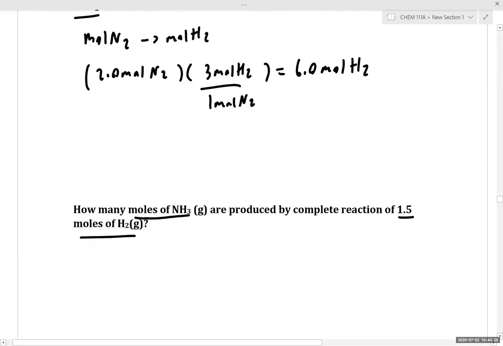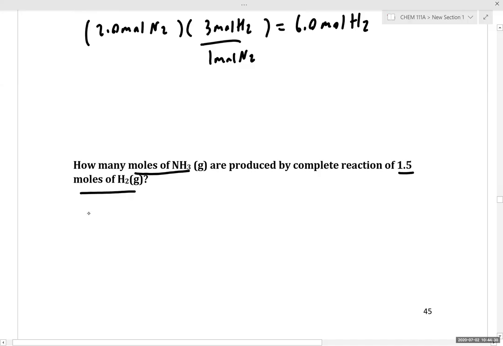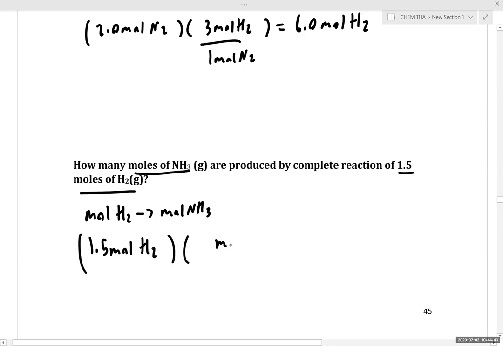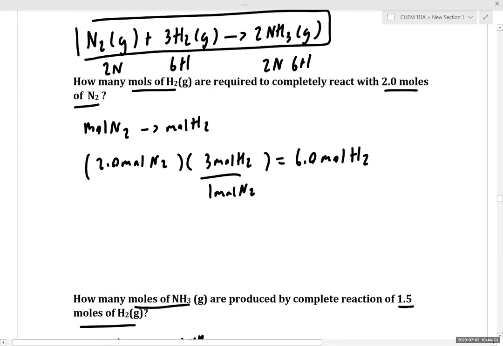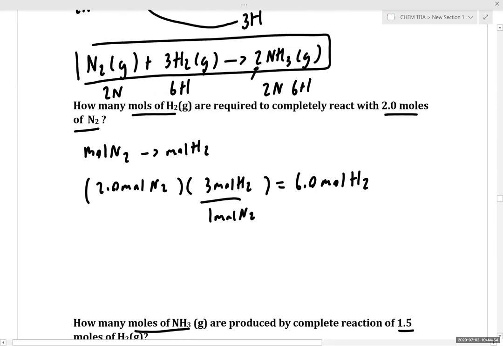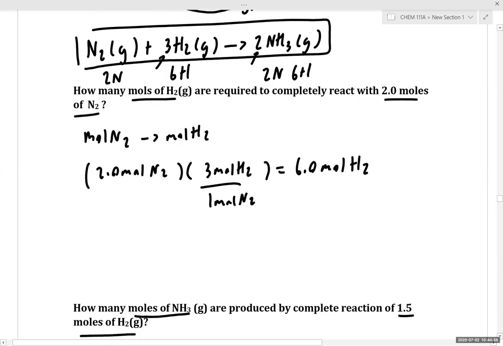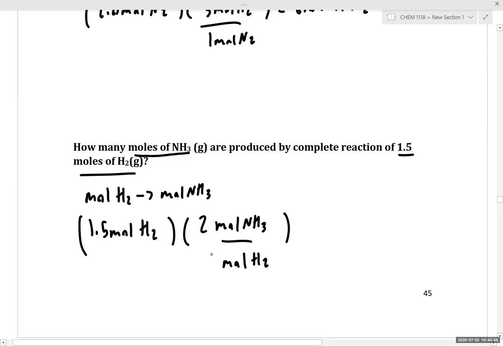Looking at our next example, we're trying to go from moles of hydrogen to moles of ammonia. We have 1.5 moles of hydrogen. And thinking about our moles of ammonia per mole of hydrogen, looking at our chemical equation, we see we have 2 moles of ammonia per every 3 moles of hydrogen.